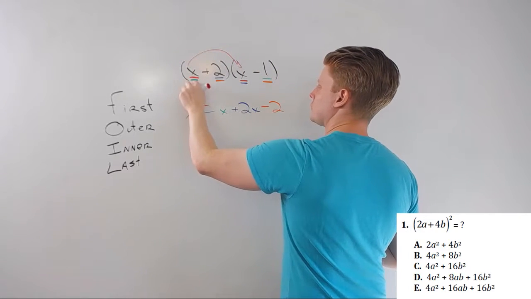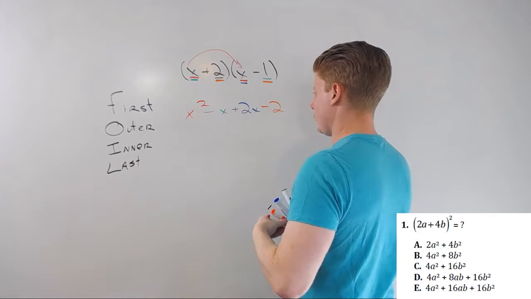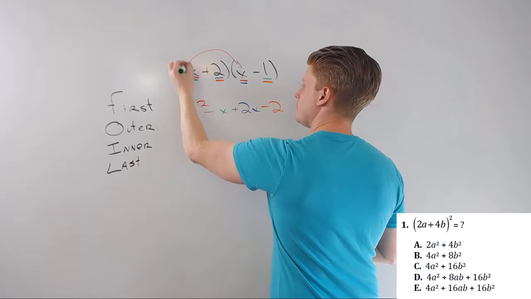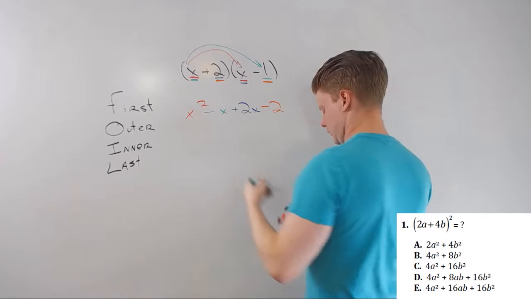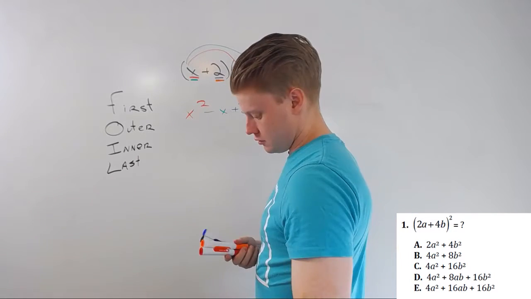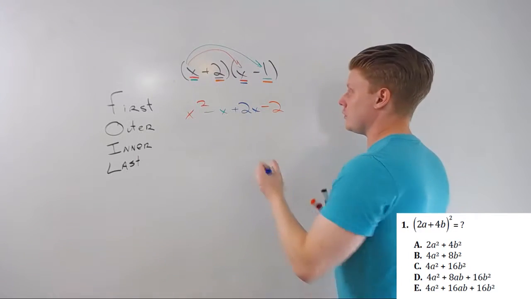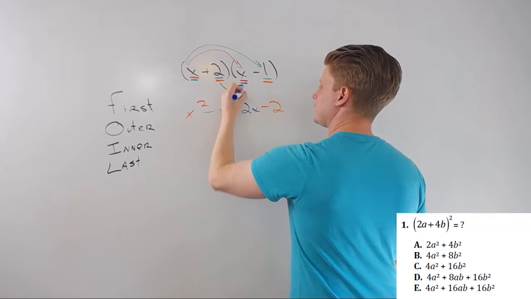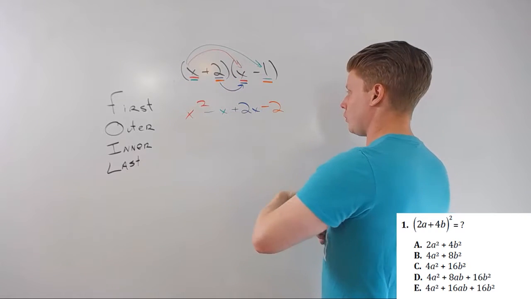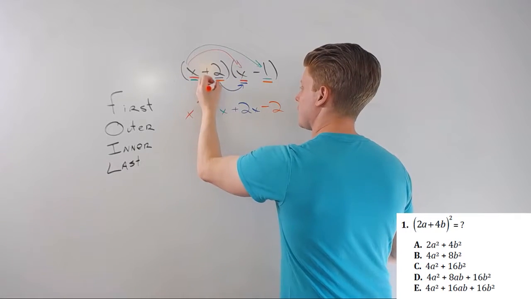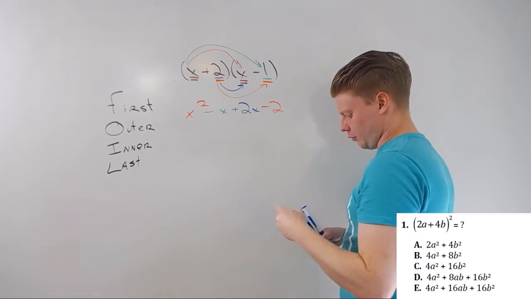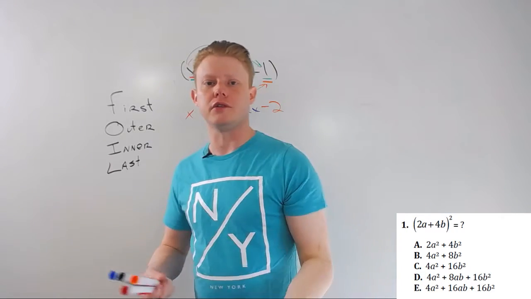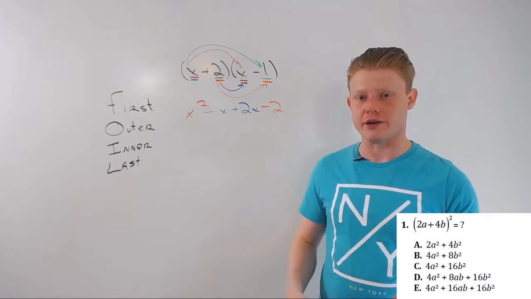And then when it's green, it meets up with the 1, right? Similarly, the 2, when it's blue, meets up with our second x here. And when it's orange, meets up with the negative 1. So everything gets multiplied by everything. FOIL is just a method to ensure that that happens. That's really all that is.